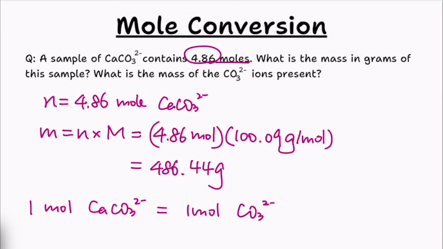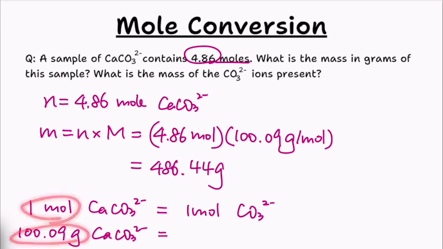Which means, what is the molar mass of the calcium carbonate? 100.09. So for 100.09 grams of the calcium carbonate, because these two actually represent the same amount of the calcium carbonate, 1 mole, or you can measure in mass, then it's 100.09 grams. This is exactly the same amount.